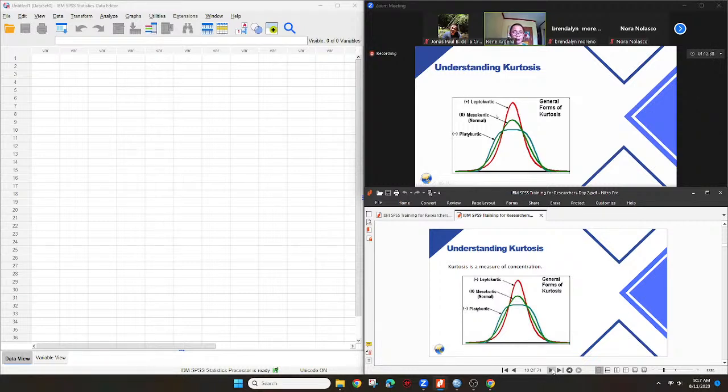For leptokurtic, a good example of this is if you talk about the IQ scores of students at the University of the Philippines. Most of the values are high.